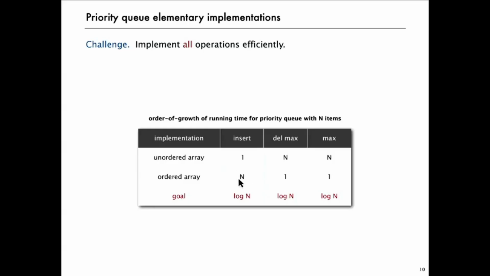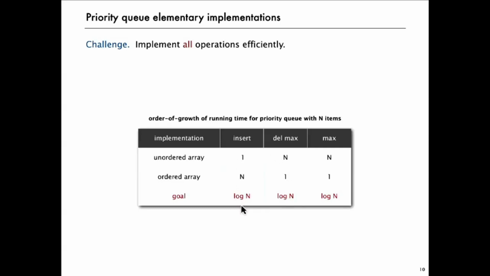And since, as with stack and queue operations, these inserts and deletes might be intermixed in arbitrary ways, and there might be huge numbers of them, neither one of these is very attractive because they're going to take n times the number of operations.